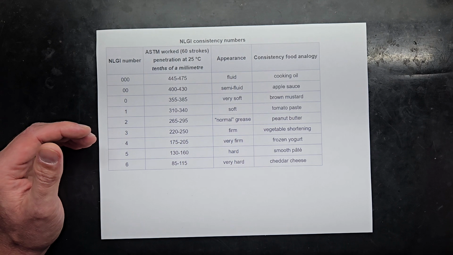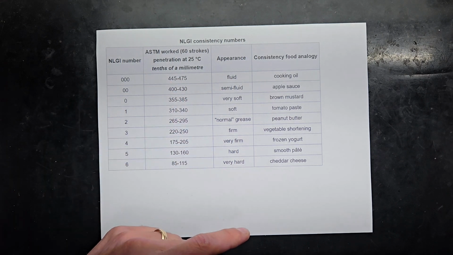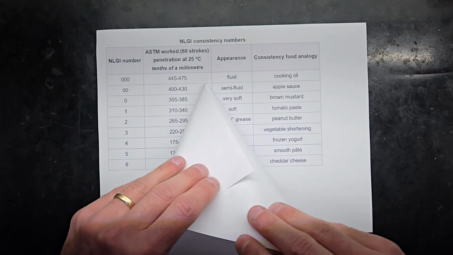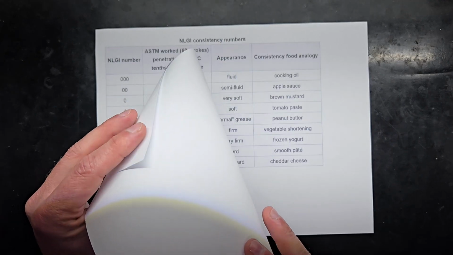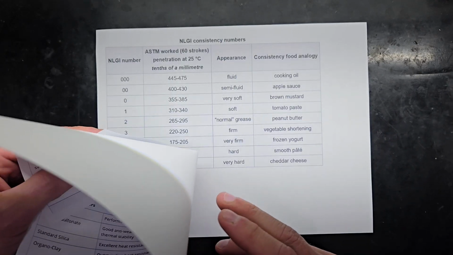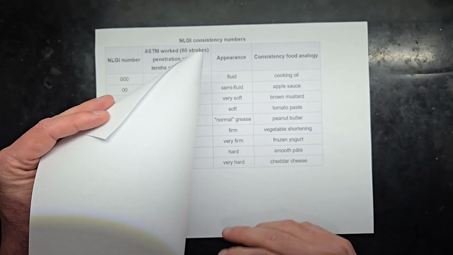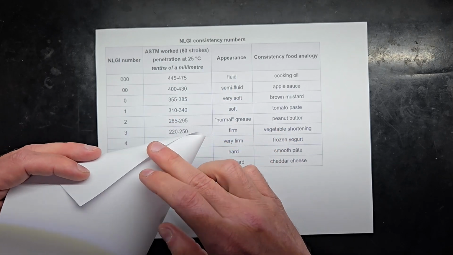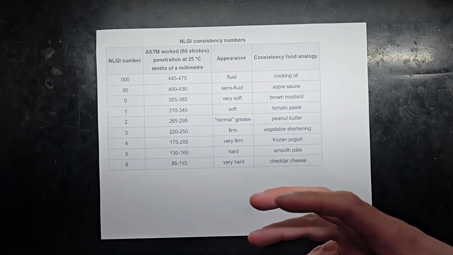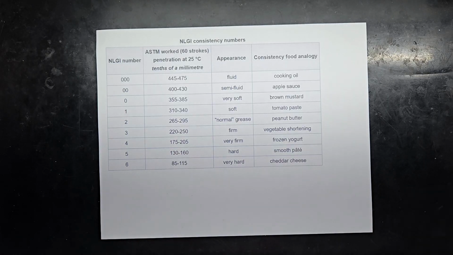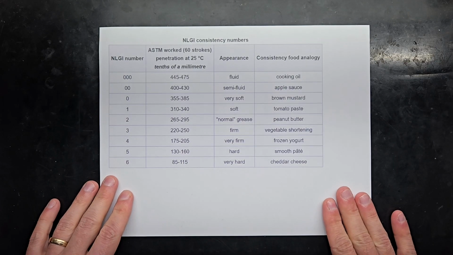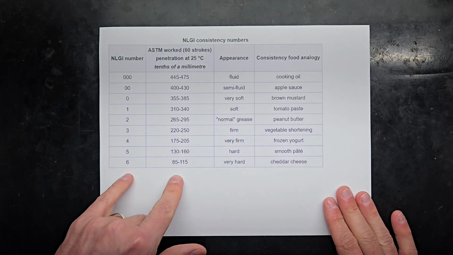The way the cone penetration works, and what you can probably tell by reading the words there, is they take a sample of the grease. There is a literal cone, and I don't know the angle of the cone, but there is a literal cone. That cone is then pressed into the grease, and then how deep that cone goes into it is how they're establishing the consistency or the thickness of the grease. What's important to note here is the consistency value.